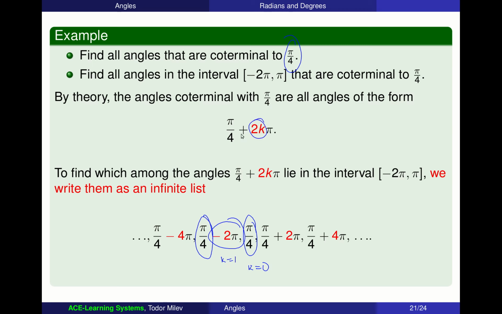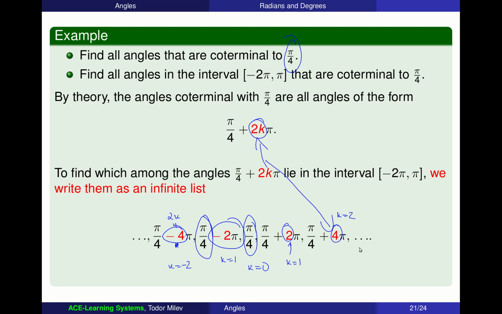And so 2k is negative 2. Here we're having 2k equal to negative 4, which corresponds to k equal to negative 2. Here we're having k equal to 1, then 2 times 1 is 2k. And here we're having k equal to 2.